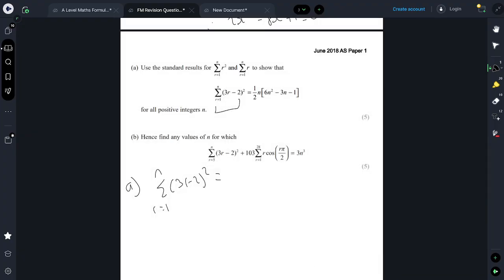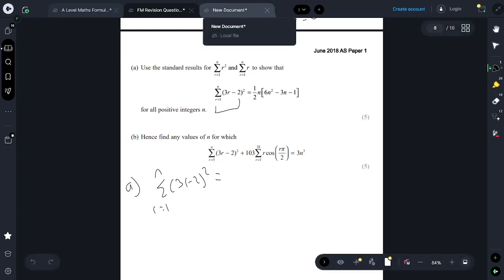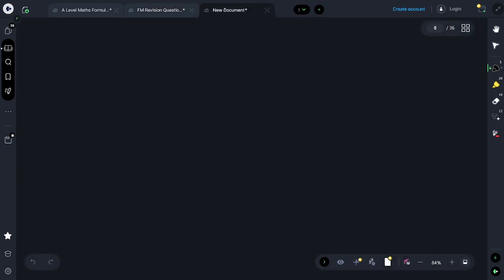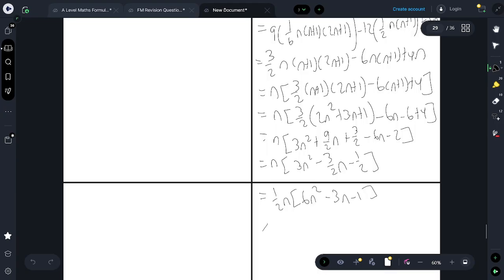Yes, it is. Then it says, hence find, for any positive values of n, such that this is between n and 5. Let me get this down.